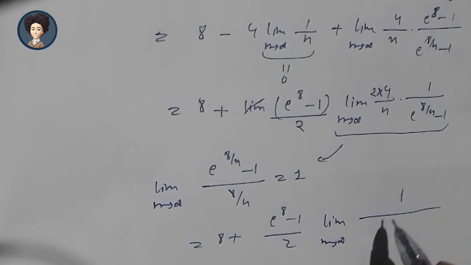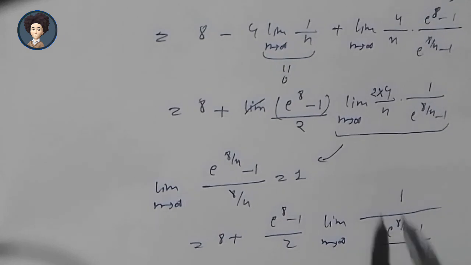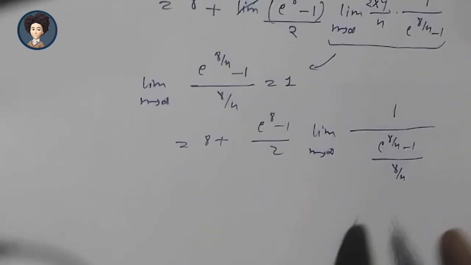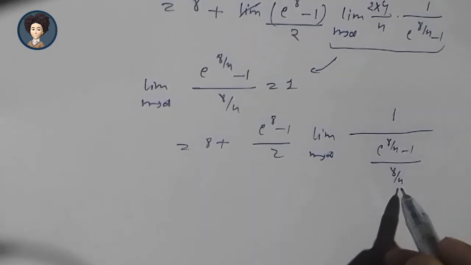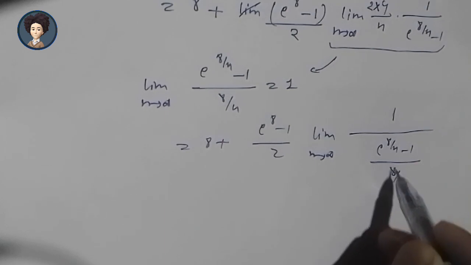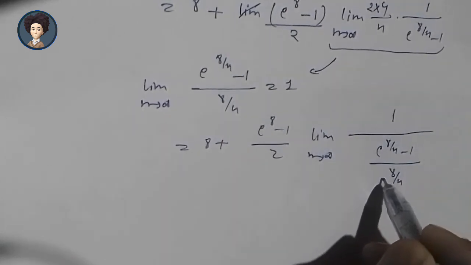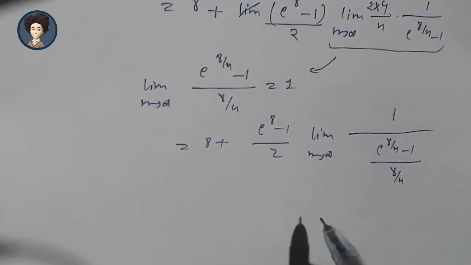Now 1 by this one, e to the power 8 by n minus 1, this 8 by n should be here, isn't it? And we could write this as e to the power 8 by n minus 1 by 8 by n. So each will again become 8 by n here, because it can be moved here, isn't it?